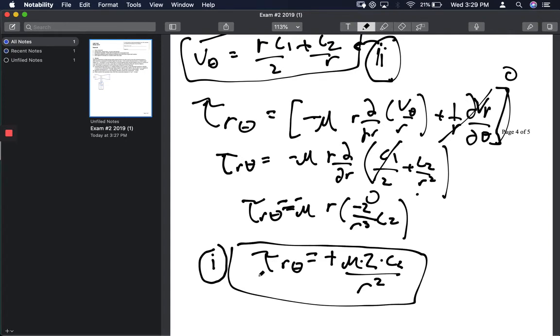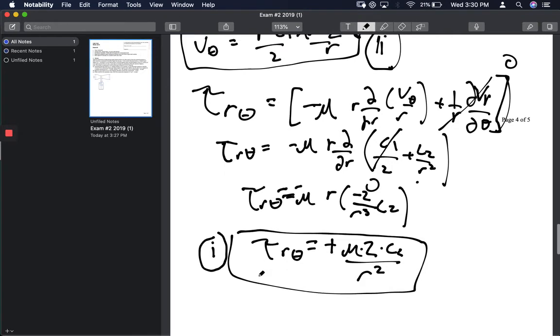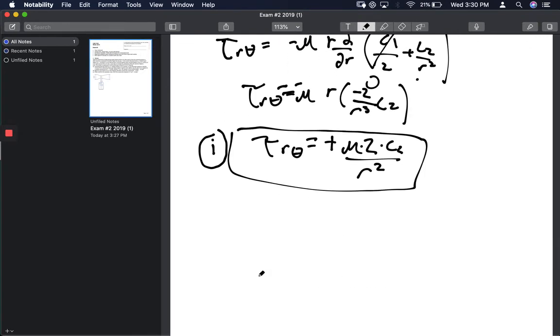Now we're going to move on to part 2, and then on to part 3, and then solve for our constants. So for part 3, the definition of the drag force is Fd is equal to tau r theta times the surface area.